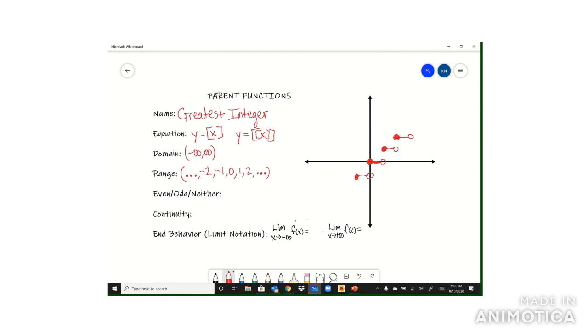It is neither even nor odd, and it is not continuous. All these little stair-step spots are jumps. So I would say jump discontinuity. And for greatest integer, we're not going to worry about the end behavior.